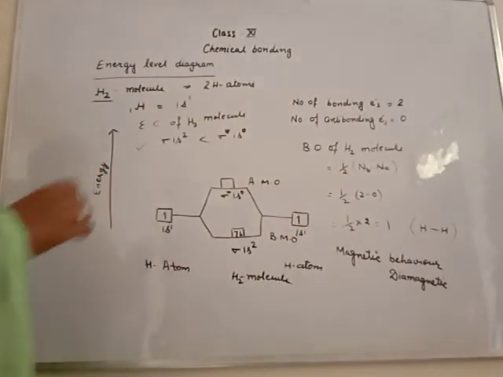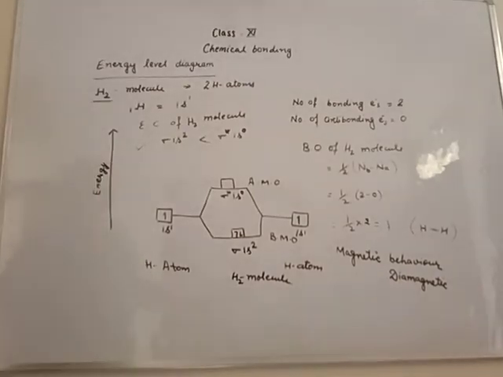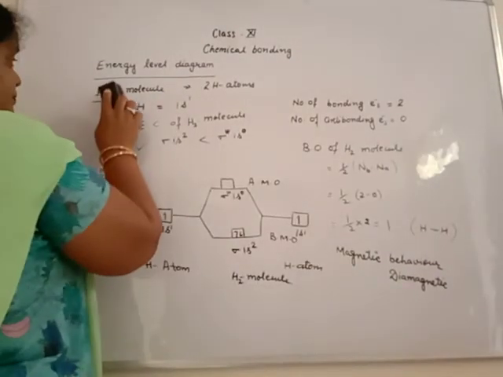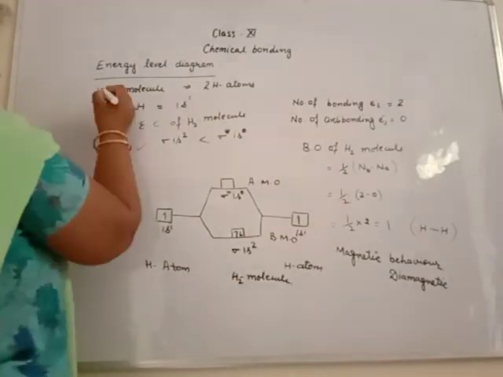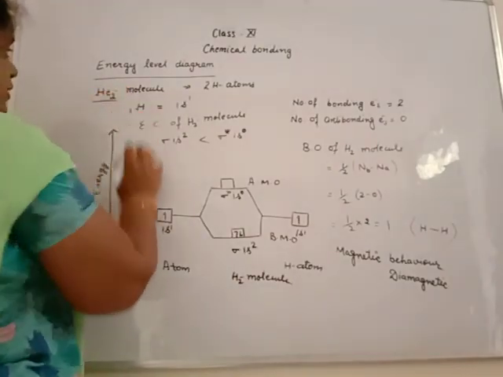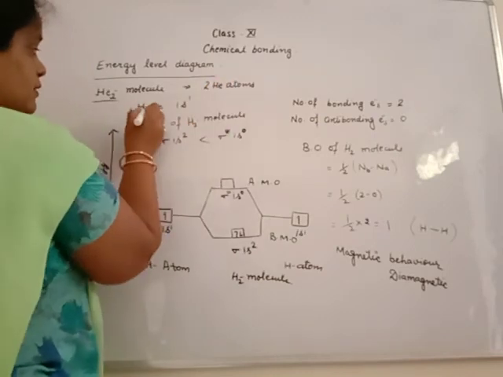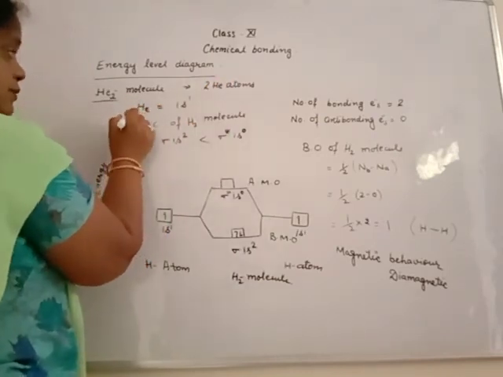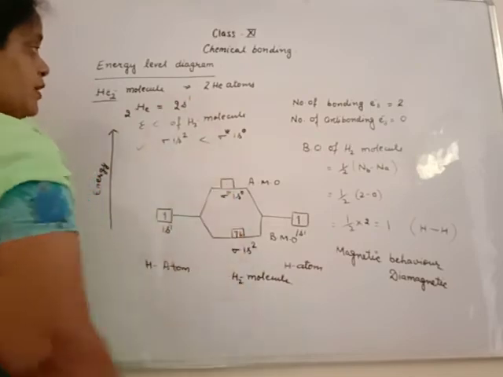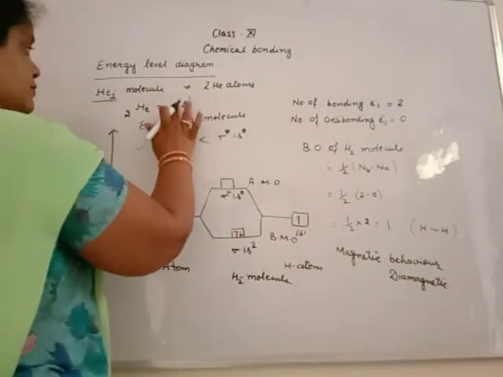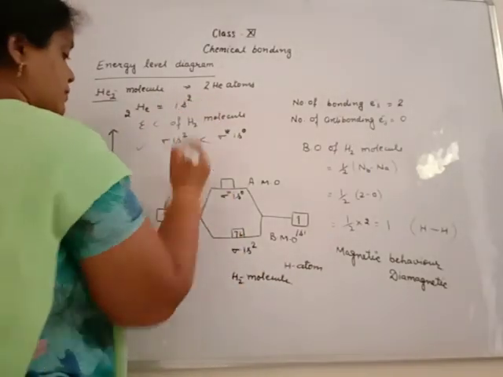Now another question. Helium molecule is not formed. Our question is why the helium molecule is not formed. Now the helium molecule is made up of 2 helium atoms. The atomic number of each helium is 2. Electronic configuration 1s2.